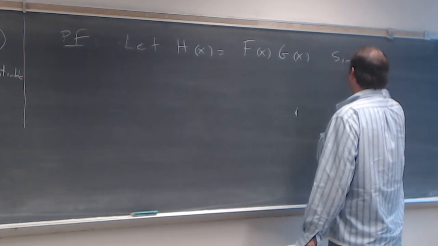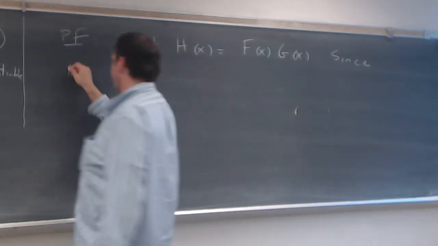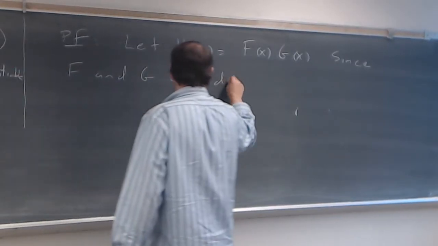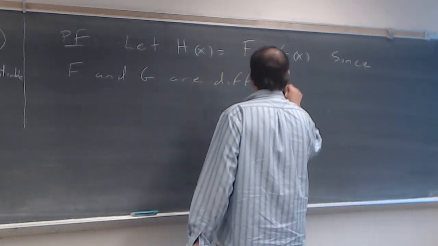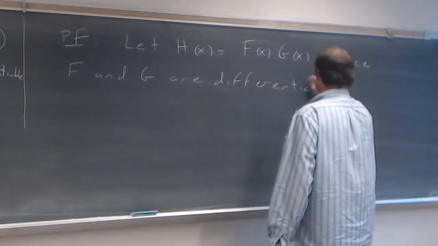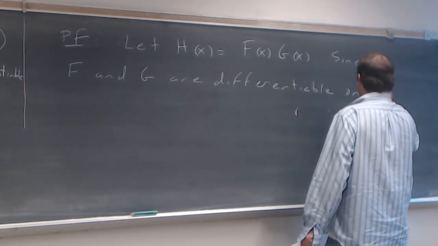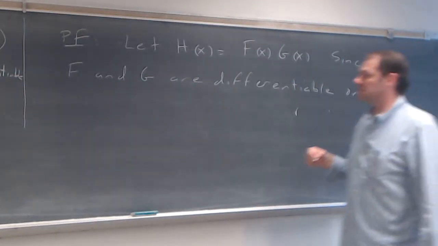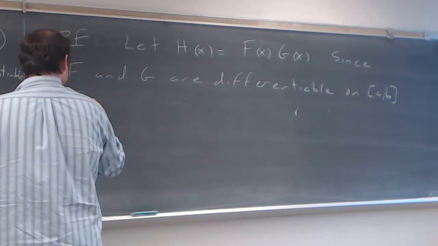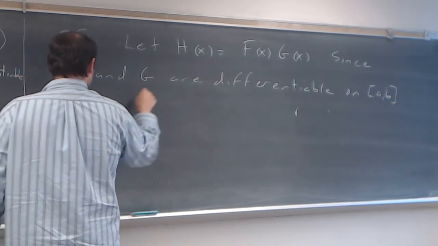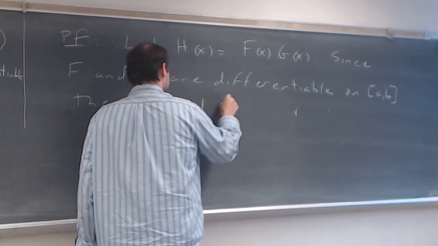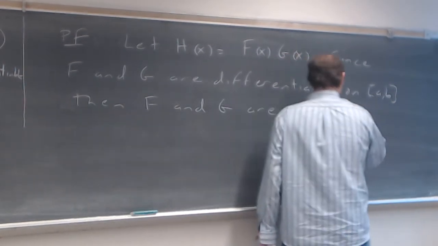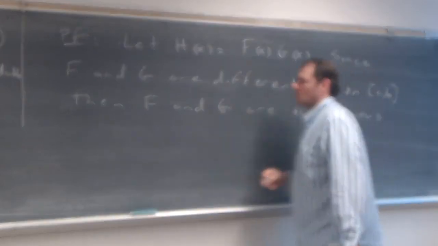So, since big F and big G are differentiable on the closed interval from a to b, that says that big F and big G are continuous on [a, b].